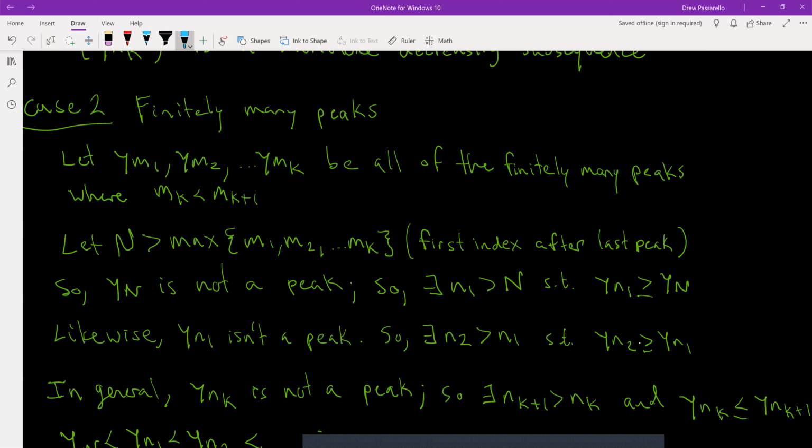Let capital N be the index that's bigger than the max index for the peaks. So that means it's going to be the first index of the term that comes after the last peak.